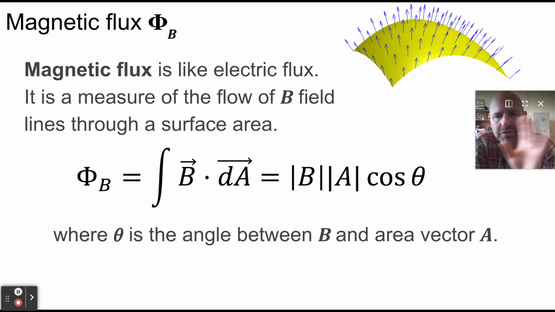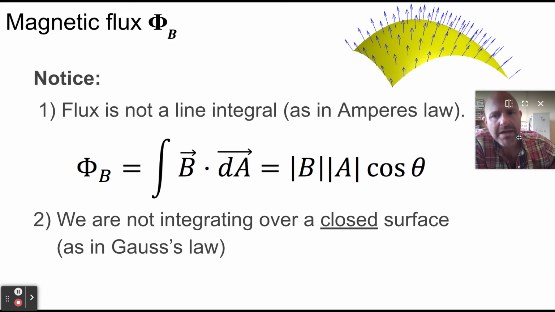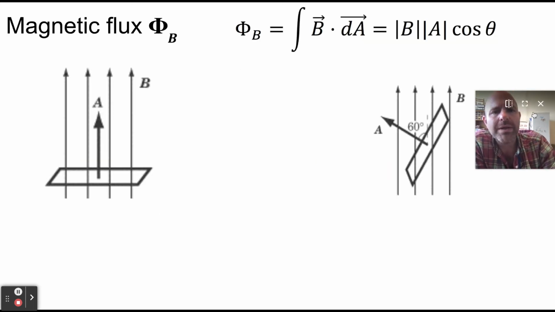Of course, there are arbitrary configurations of this, but as always, we're going to pick surfaces that are relatively simple so that we can better understand what's going on. Again, flux is a surface integral, not a line integral. It's like Gauss's law in that way. So how do we think about this? If you have a magnetic field going straight up and a surface that is flat on the ground, then the area vector and the magnetic field vector are in the same direction, so theta would be 0 and cosine of 0 is 1.